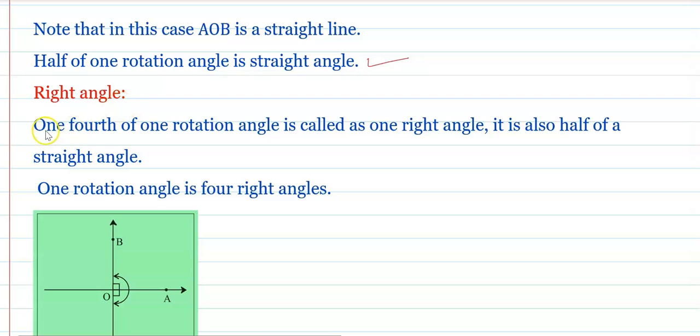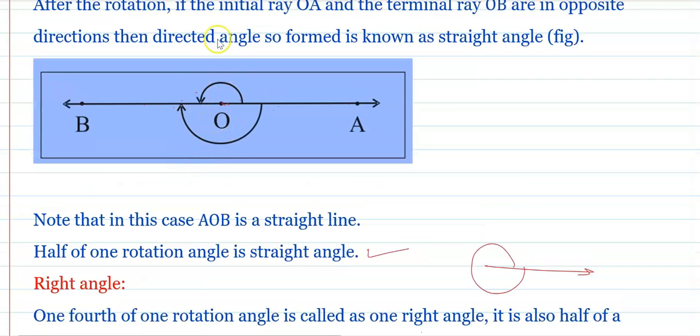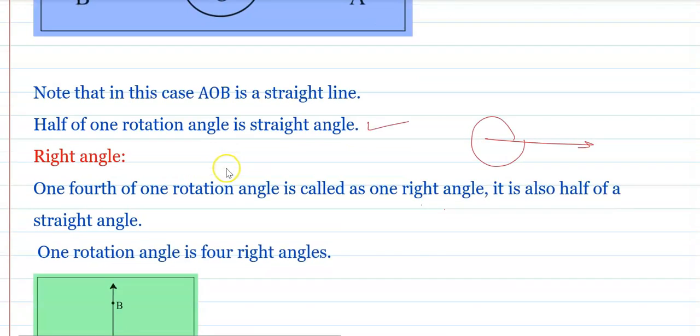Next, the right angle. 1/4 of one rotation is called one right angle. If there is one total rotation, then its 1/4 part is called the right angle, and it is also half of the straight angle.